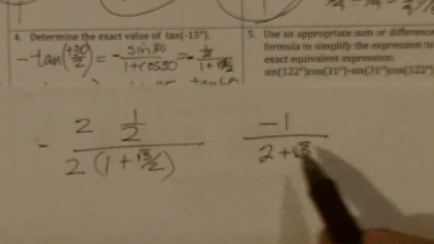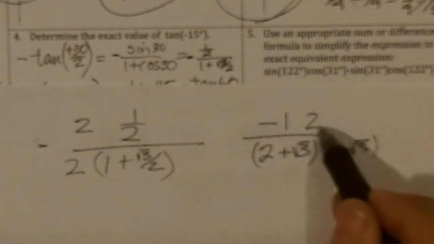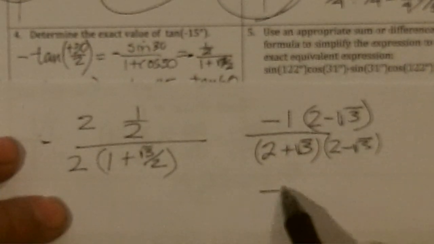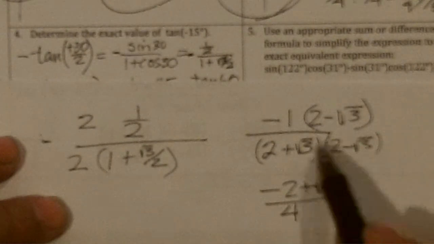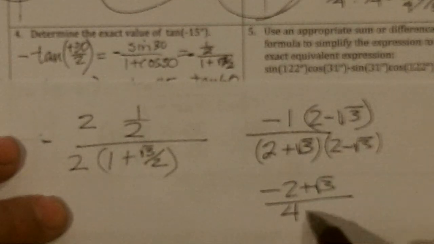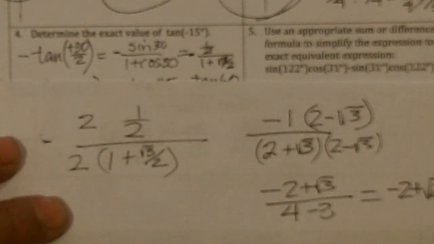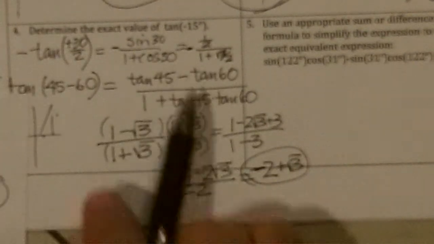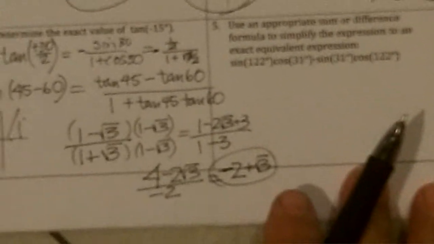And if I rationalize this by multiplying by 2 minus the square root of 3, that times a minus 1 would be minus 2 plus the square root of 3. This would be 4 minus 2 square roots of 3 plus 2 square roots of 3 cancel. And then minus 3, which is 1. So I get minus 2 plus the square root of 3, which is what I had doing it the other way. So you could do it either way. Sorry I mixed those two methods, but yeah.